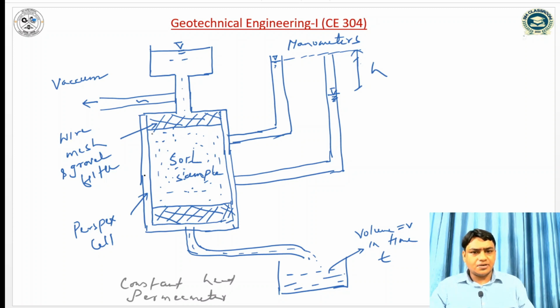Water is collected when the head difference is H, for a soil sample of length L, in a tank or cylindrical measure having volume V in time T. The air is removed from this arrangement.